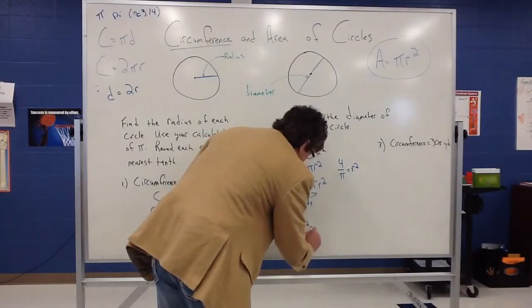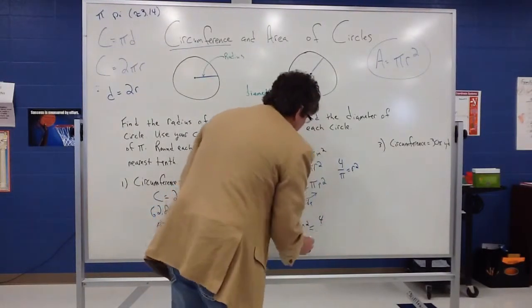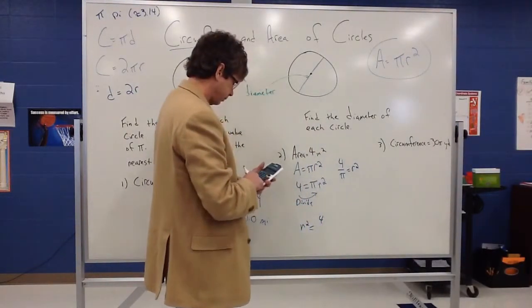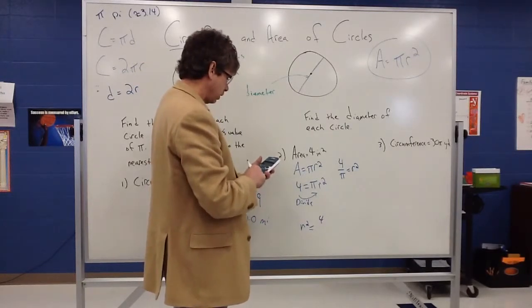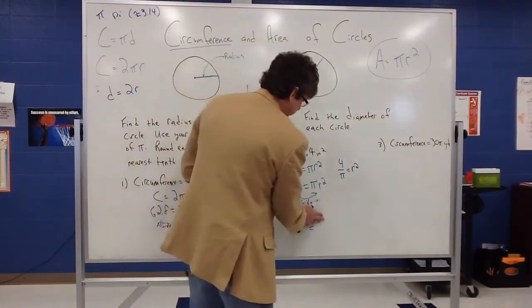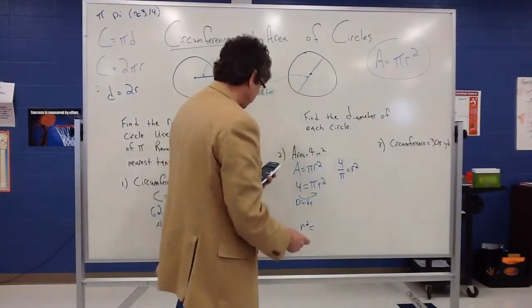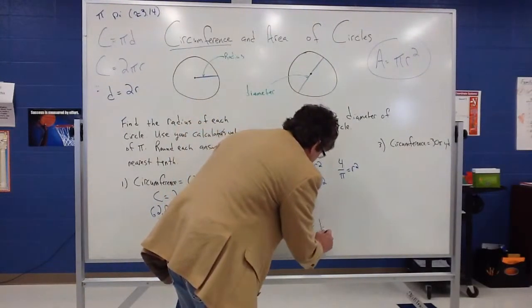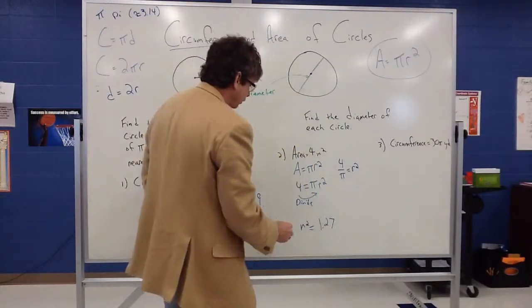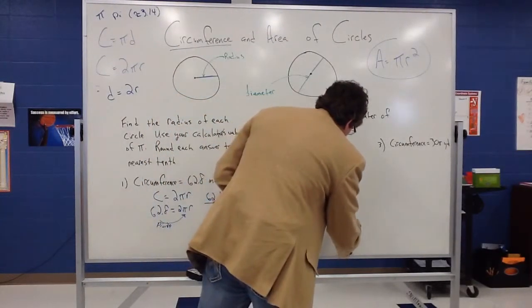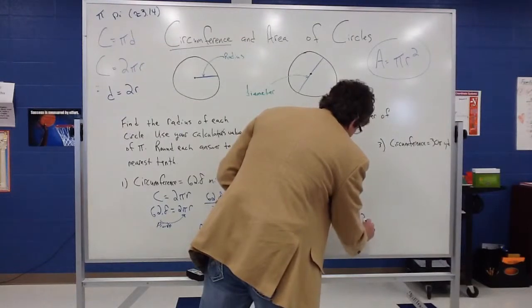So r squared is going to equal 4 divided by pi. Let's see what that is. That looks like it's going to be 1.27. So that's going to be approximately 1.3. r squared equals 1.3.